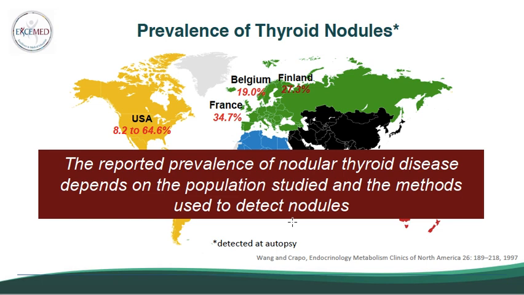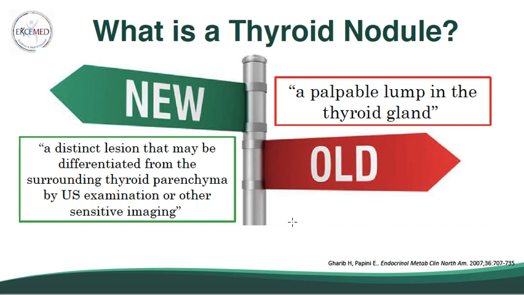If you use more sensitive methods such as ultrasound, then the prevalence of thyroid nodules will be much higher as opposed to palpation and autopsy. So, what is a thyroid nodule? In the past, any palpable lump in the thyroid gland would be called a nodule. That's the old definition.